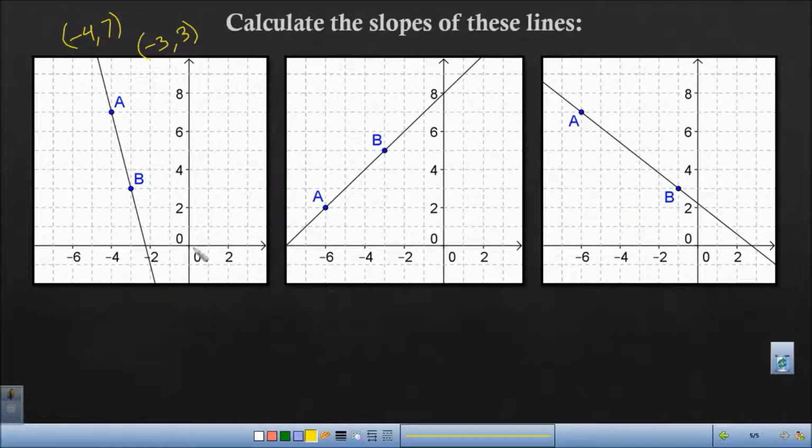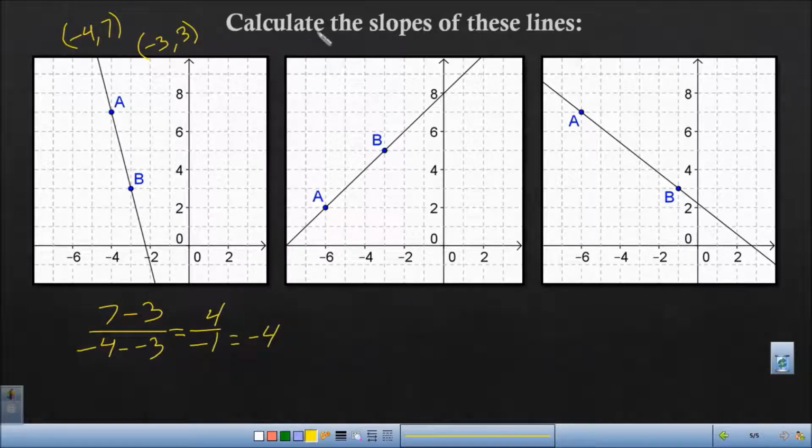Okay, we're calculating the slope here, so we go 7 minus 3 over negative 4 minus negative 3. So this is going to be 7 minus 3 is 4, and negative 4 plus 3 is negative 1. So my slope is negative 4. Let's do this one.